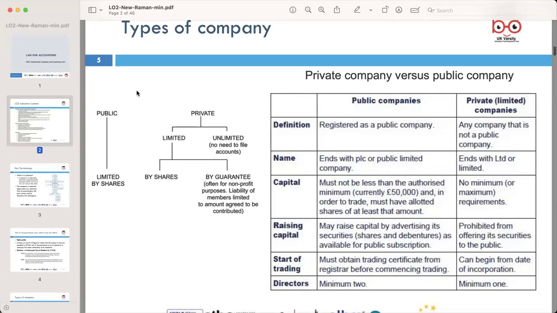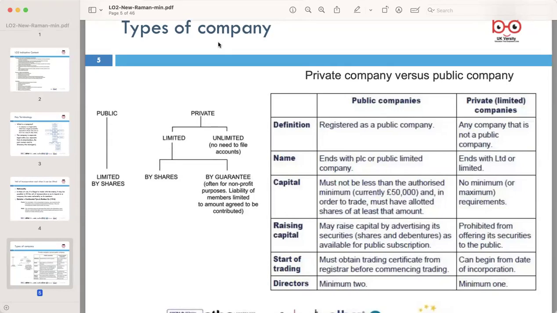Any comments, or can you explain about public or private companies? Anybody know about private companies? Harnish? A private company is an organization that has shareholdings or members who are a small unit, or not necessarily a small unit, but they only have ownership within a group of people, within their domain, whilst a public company is able to have membership on a larger scale and is offered to the rest of the population on a national level.